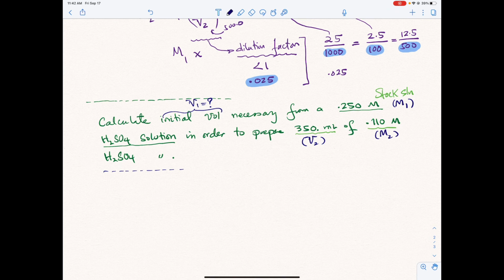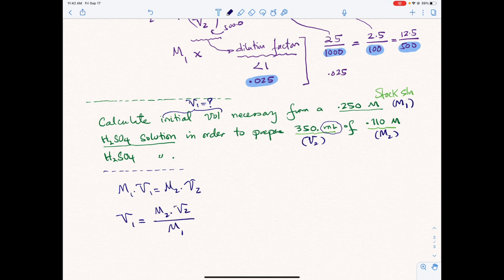And they don't specify units. The easiest unit is to just work with milliliters because your V2 is in milliliters. So simply M1V1 is equal to M2V2, my famous dilution equation, and you're solving for V1. So V1 is equal to M2V2 over M1.